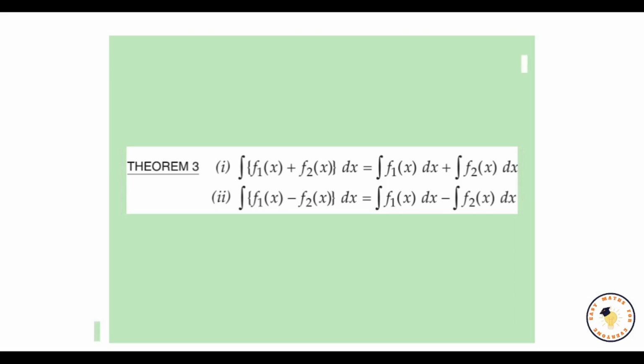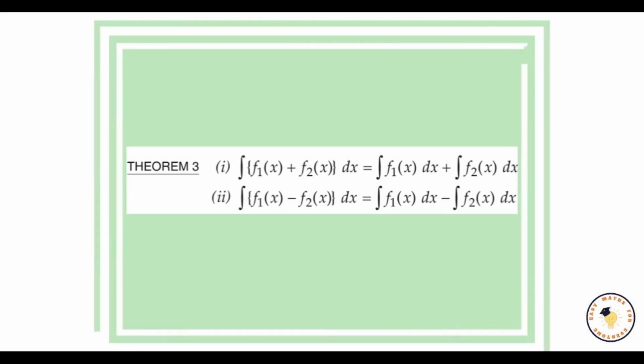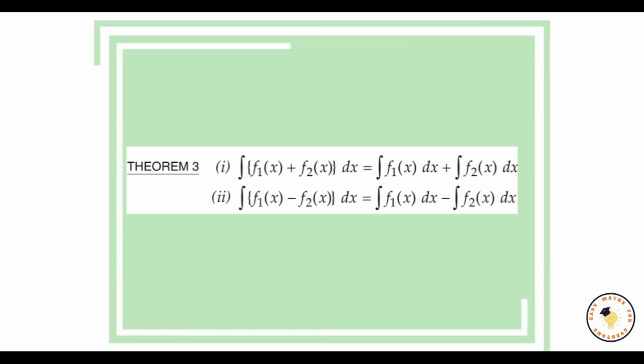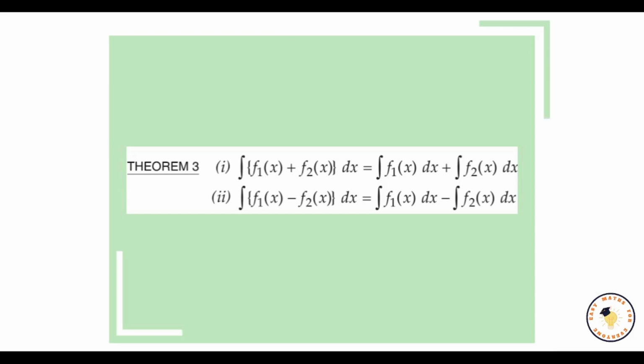The second part is integral f1 of x minus f2 of x dx equal to integral f1 of x dx minus integral f2 of x dx.